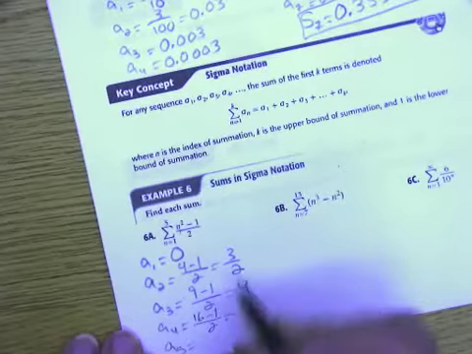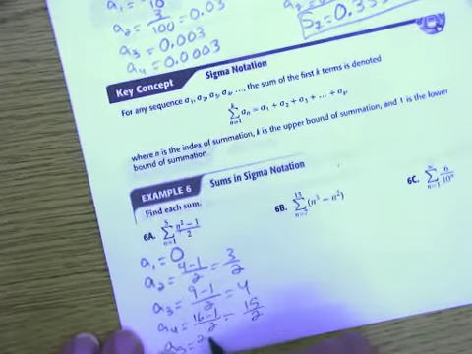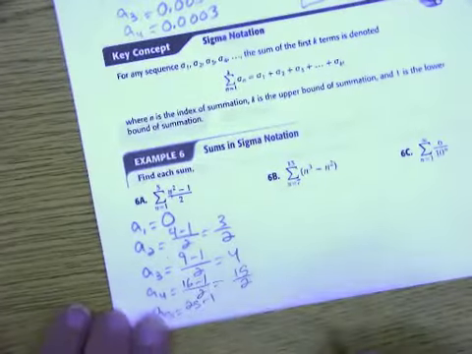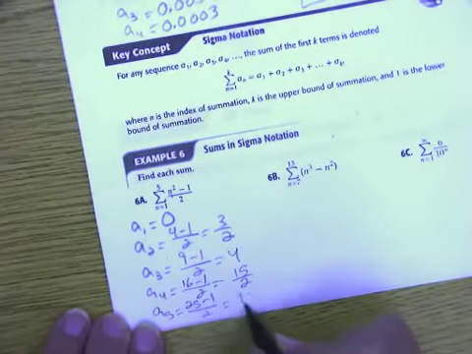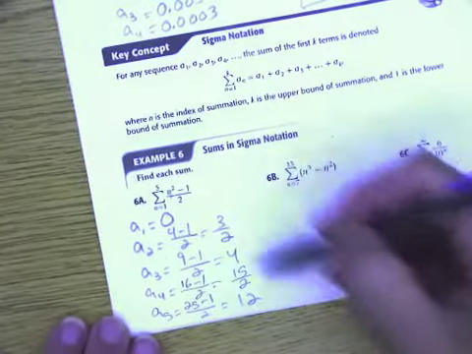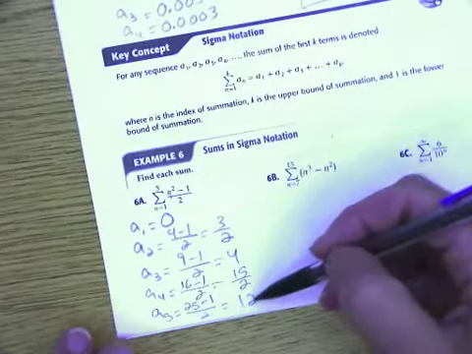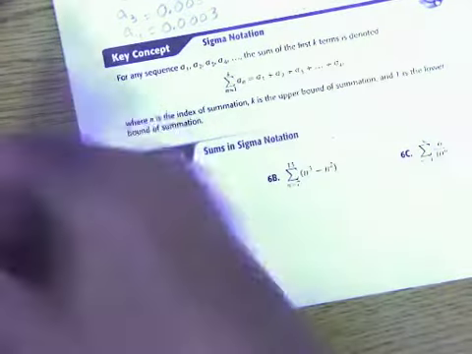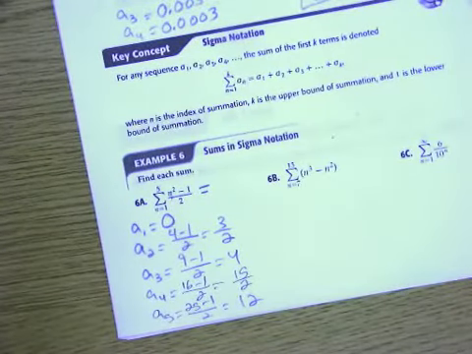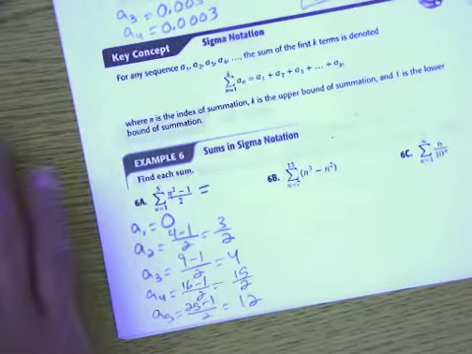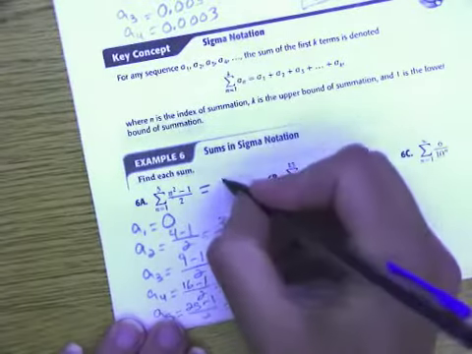And a sub 5 is 25 minus 1 over 2, so that's 24/2, which is 12. And now I'm going to add all of these terms together in order to find my sum. So that's 3/2 plus 4 plus 15/2 plus 12, and that's 25.